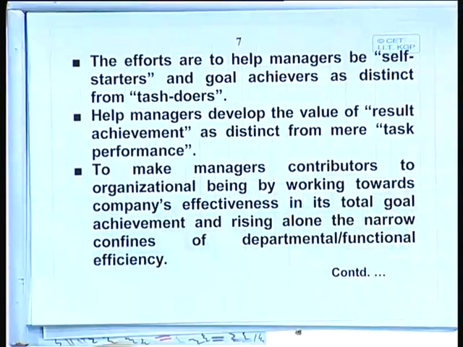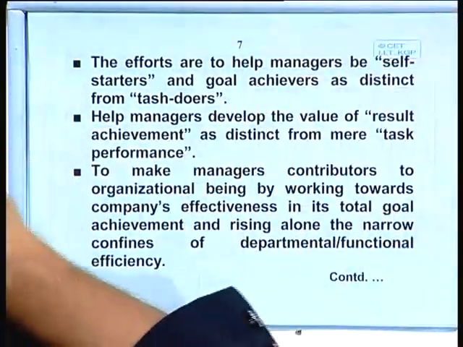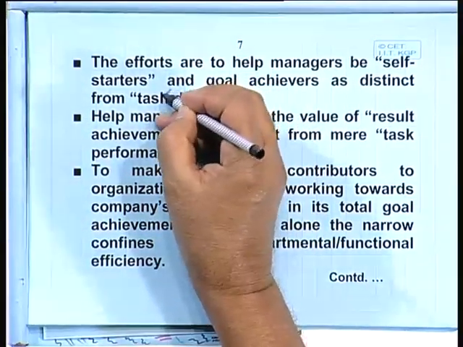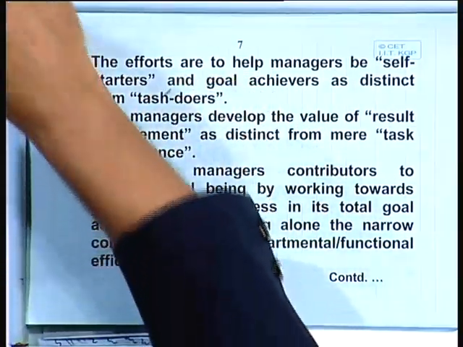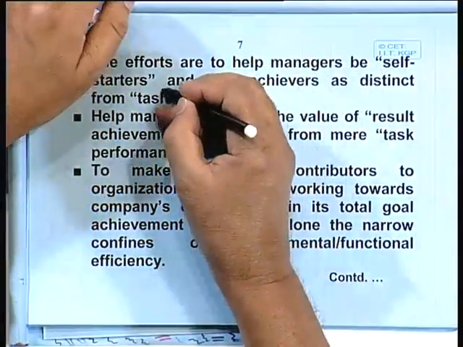Okay. Here you see the efforts are to help managers to be self-starters and goal achievers as distinct from task doers. Read this as task. Task doers means they do not wait till the boss gives them a task and then they do it.